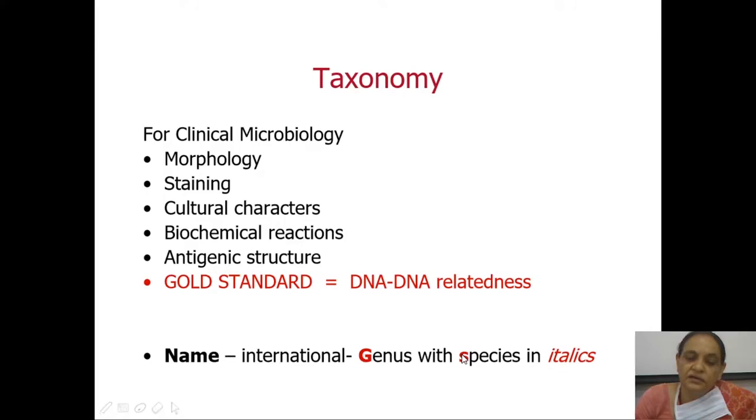So for a clinical microbiologist, what is the role of taxonomy? So first, the gold standard is based on DNA relatedness. For example, you have Enterobacteriaceae amongst gram-negative, so they are all related and put together in one family, in different families, tribes.